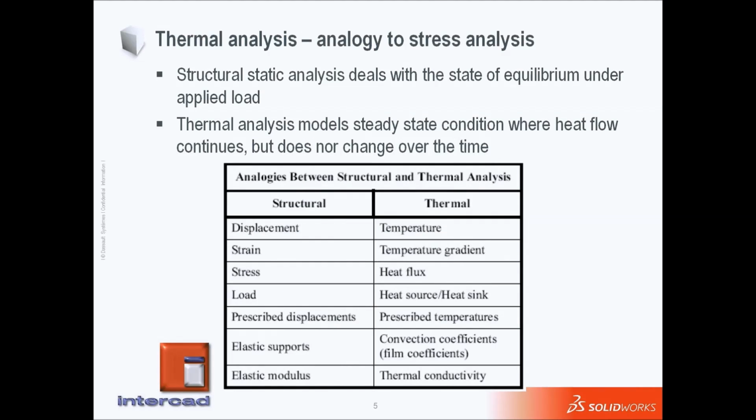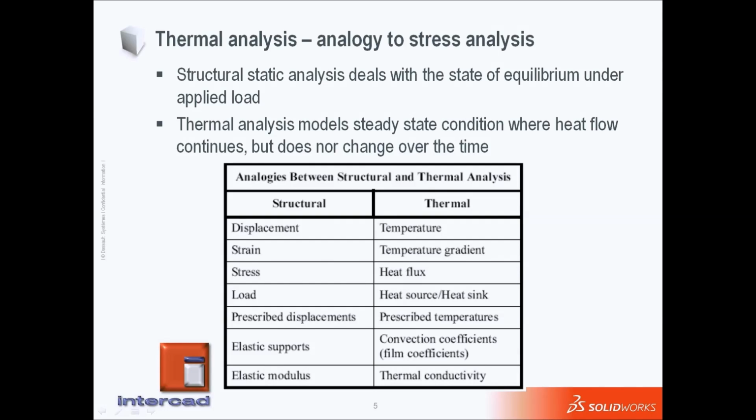If we would like to compare thermal analysis, or heat transfer analysis, to a structural analysis, we can simply liken these two studies, as both talk about an equilibrium state under an applied load. The loading, measures, and constants are very similar to each other, as we have listed in the table, as you can see here.